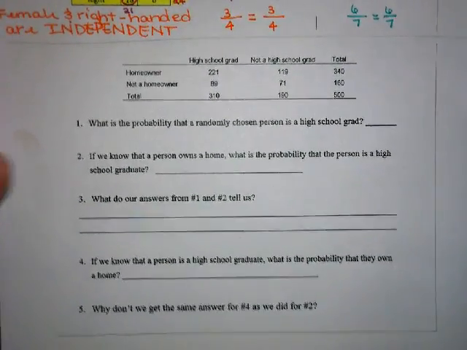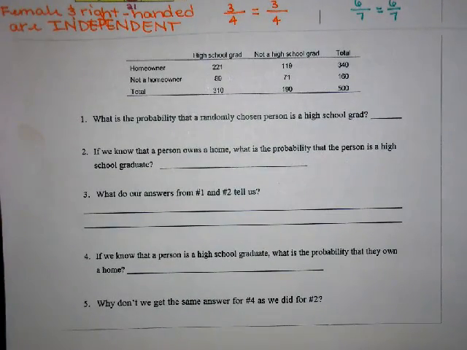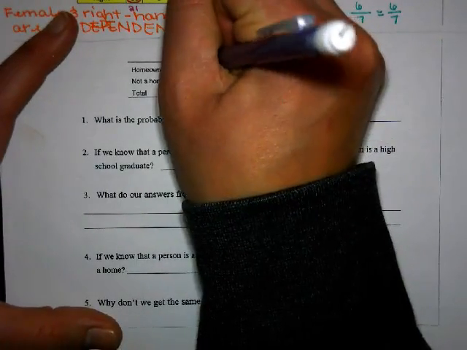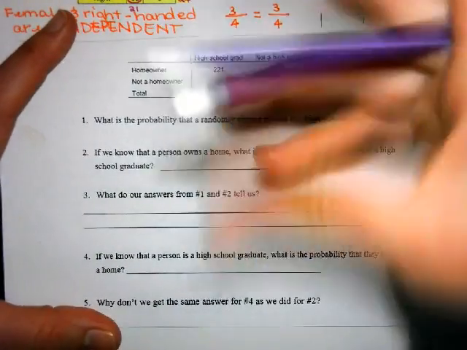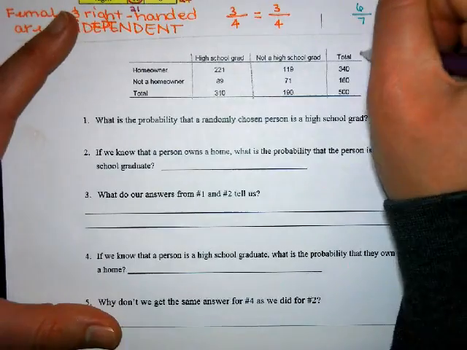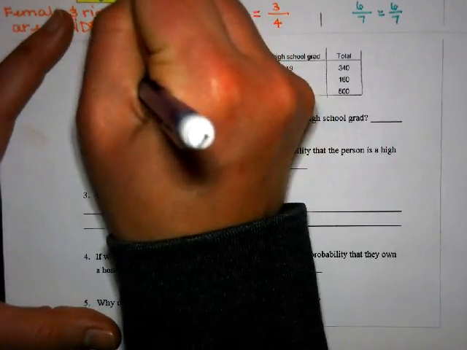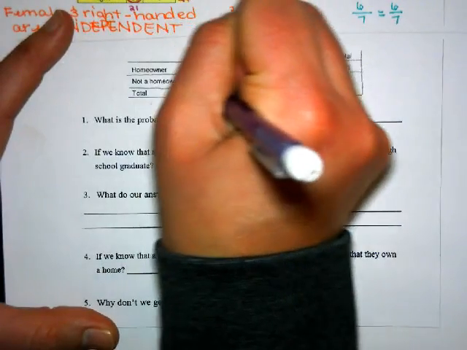So on this one, working with a two-way table, I like to draw in the little lines. My brain works better when everything's in its own special box, but you don't have to. So we're looking at a two-way table. Across the top, we have high school graduate, not a high school graduate.